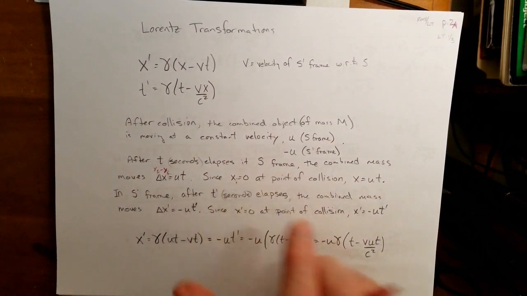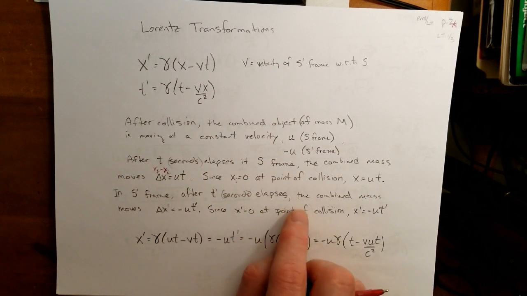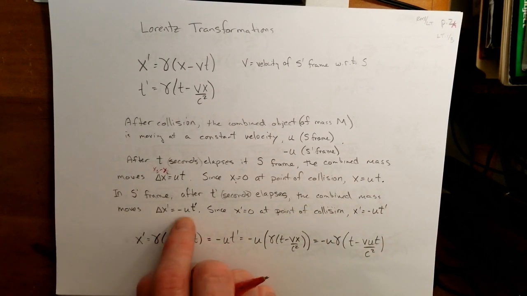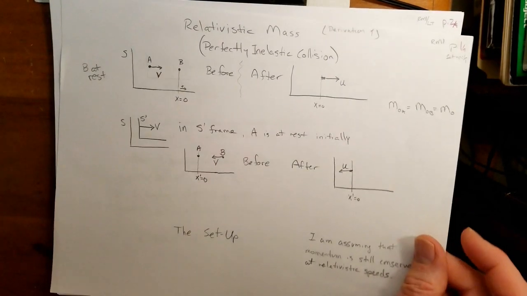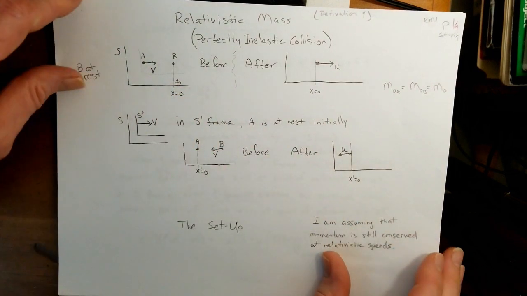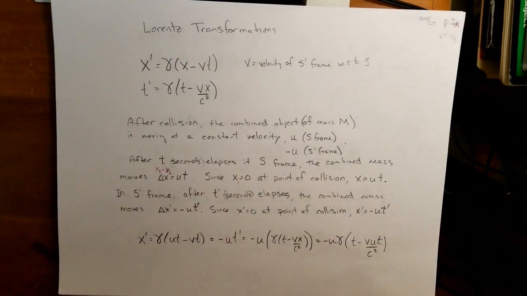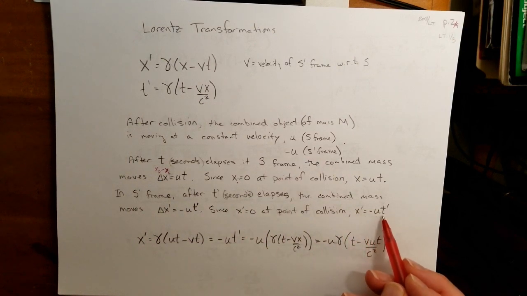In the S prime frame, after t prime seconds have elapsed, the combined mass moves in the negative direction, with to the right being positive. Using the same logic, x prime is equal to negative ut prime.